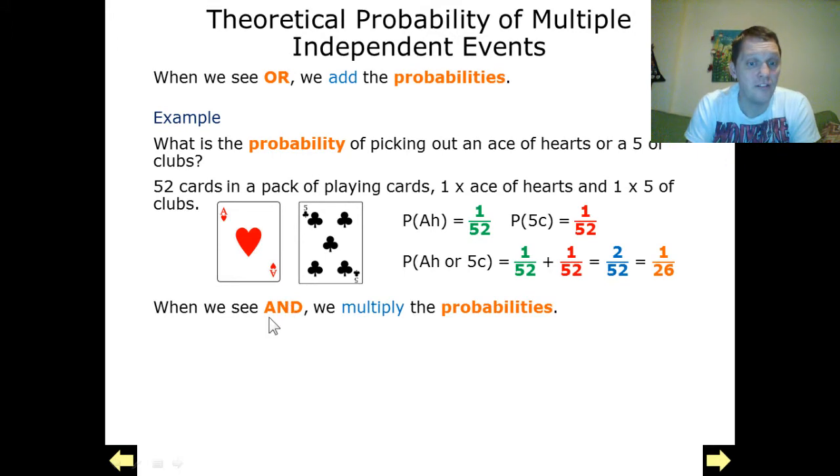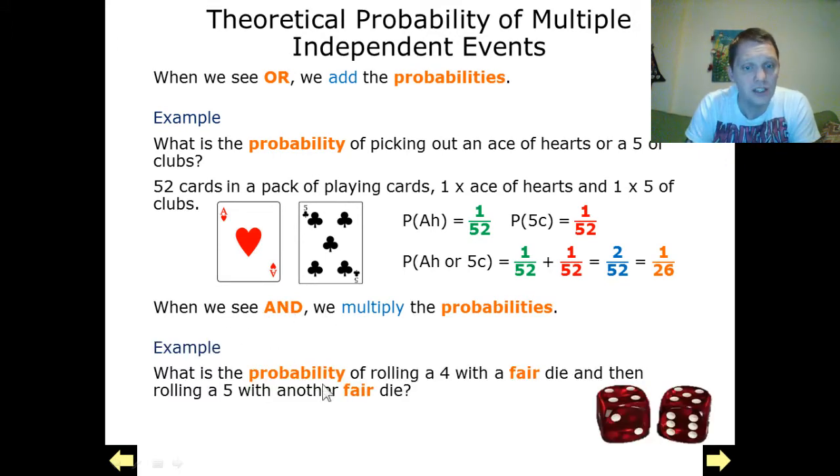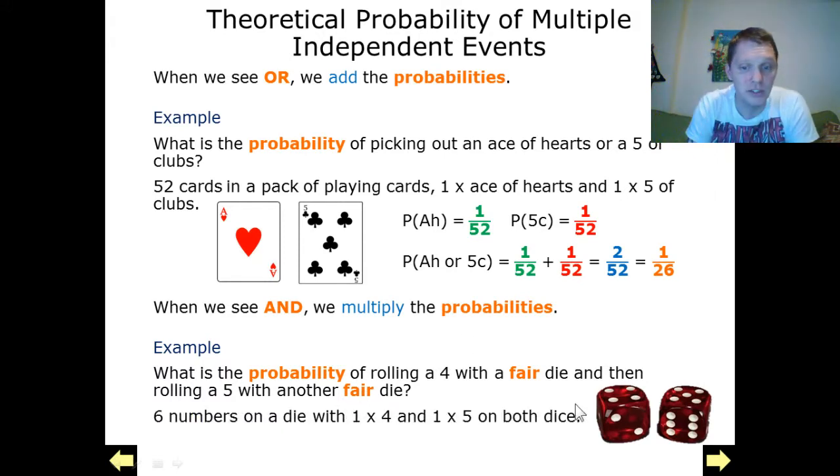And an example of using the AND instead of the OR. So probability of rolling a 4 and rolling a 5 with two fair dice. So there's 6 numbers on each dice and only one 4 and one 5 on both dice. So the probability of rolling a 4 with a dice is 1 over 6.